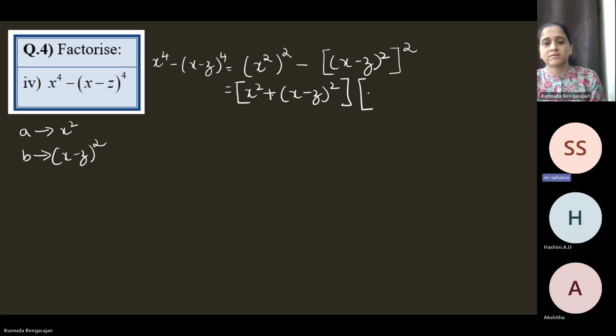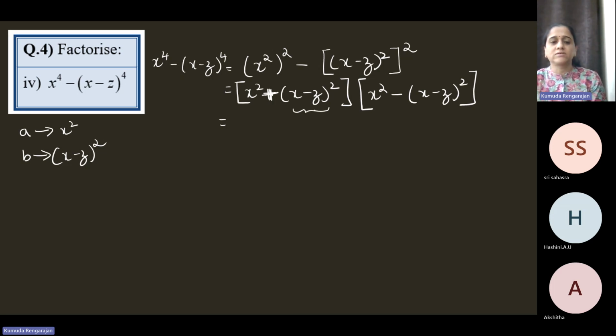A plus B into A minus B. A is x square, B is x minus z the whole square. Correct? Yes, ma'am. So where there is a plus, you cannot factorize that further. So you can expand this one.